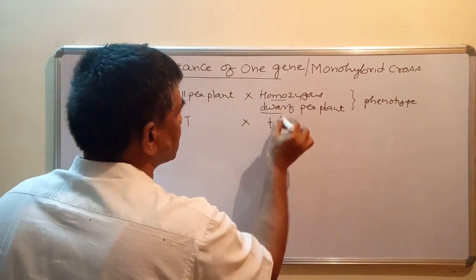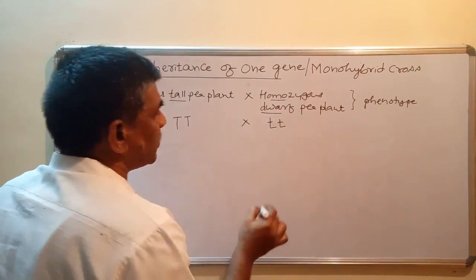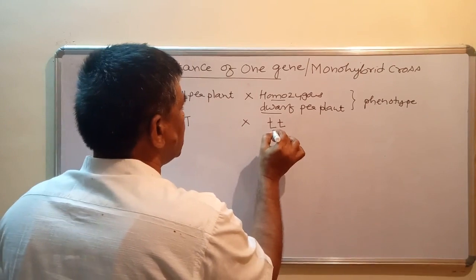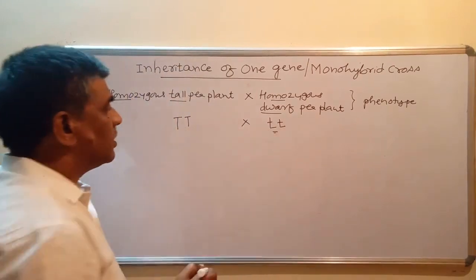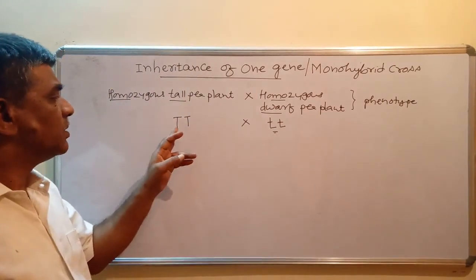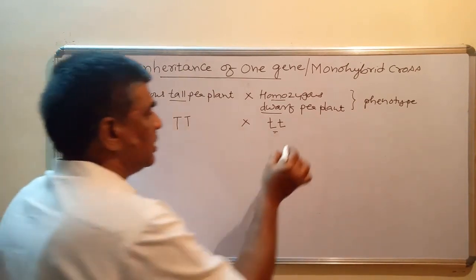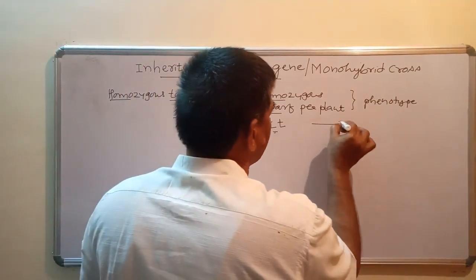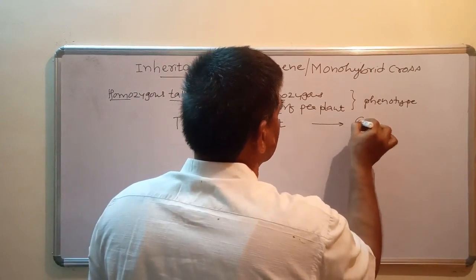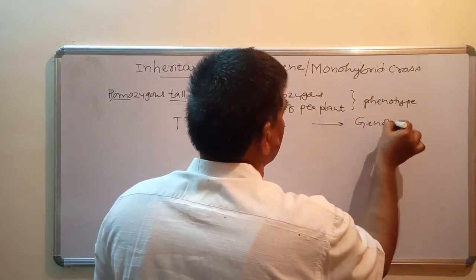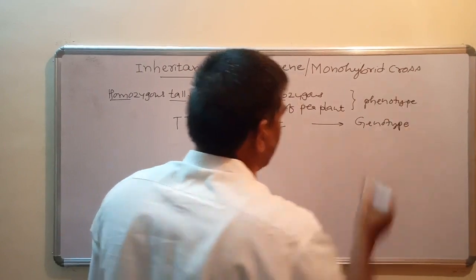Your alphabet should be taken corresponding to the dominant characteristic, with the small letter. Now when it is represented by alphabet, then it is called a genotype. Genotype you can write with the alphabet.